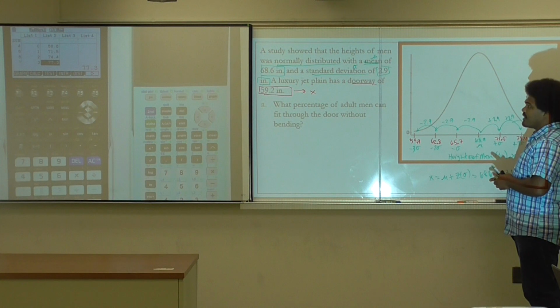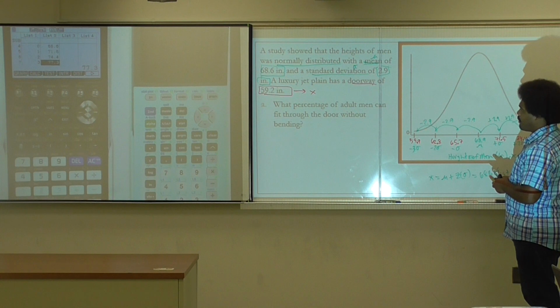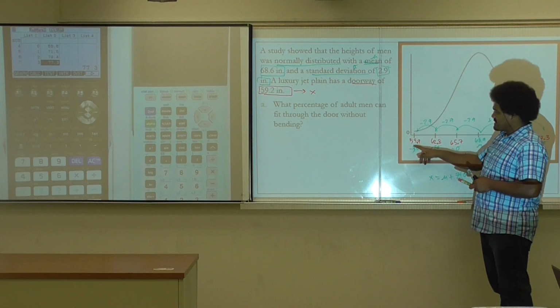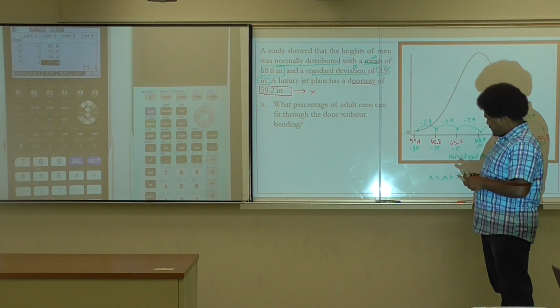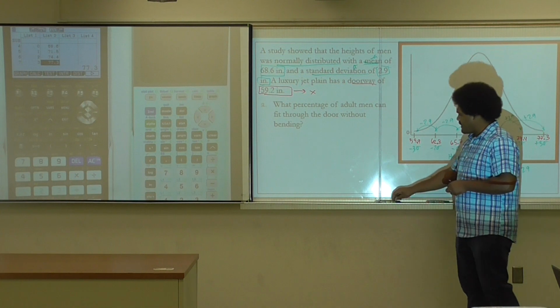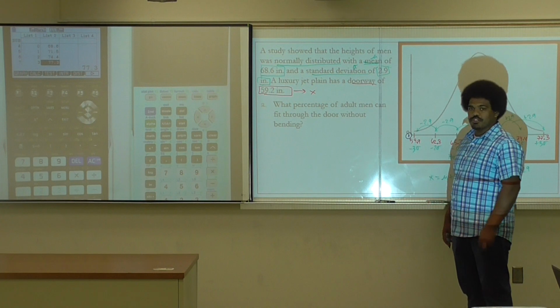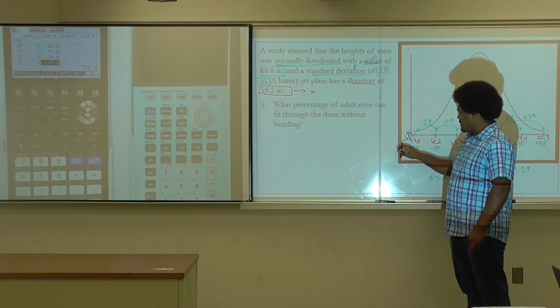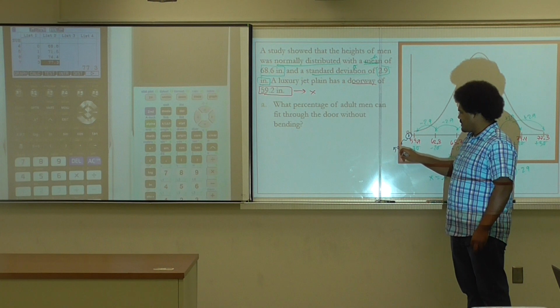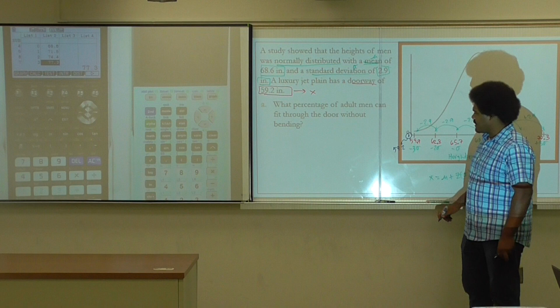So what we're definitely seeing here is, 59.2, well, over here for 3 standard deviations it's 59.9. So 59.2 is a little further down in this region, or maybe a little further.